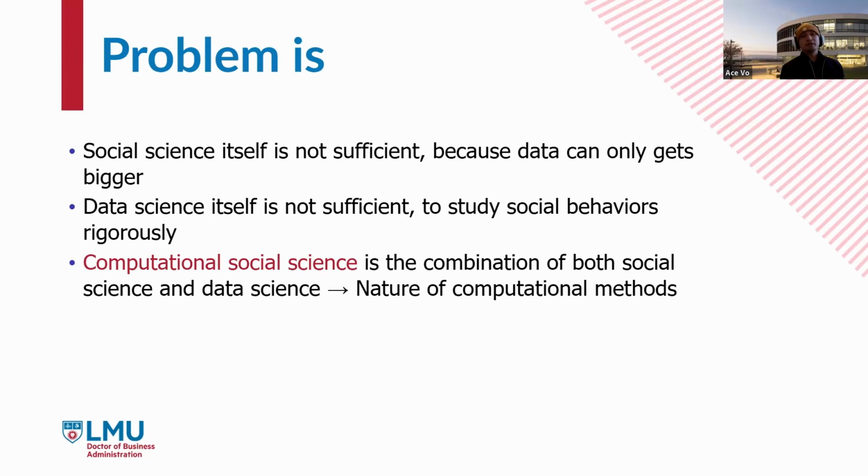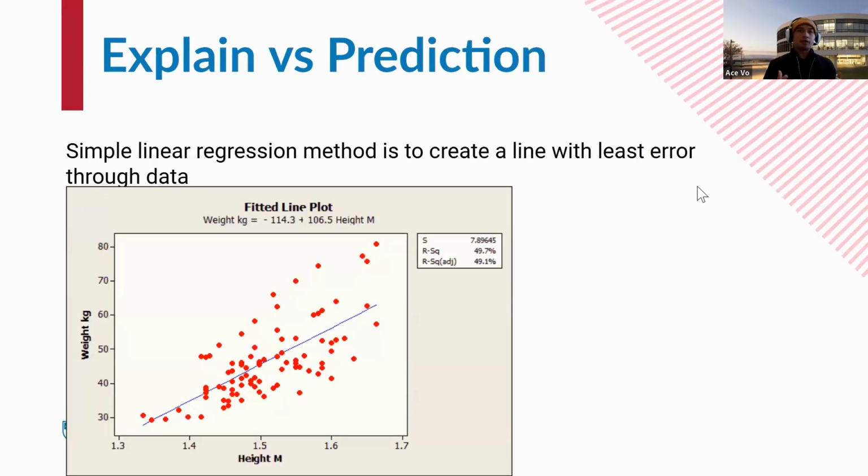So the two worlds merge together, and we call it computational social science. When we combine social science and data science into computational social science, we can leverage both: we can use bigger and more available data and also study social behavior more rigorously.